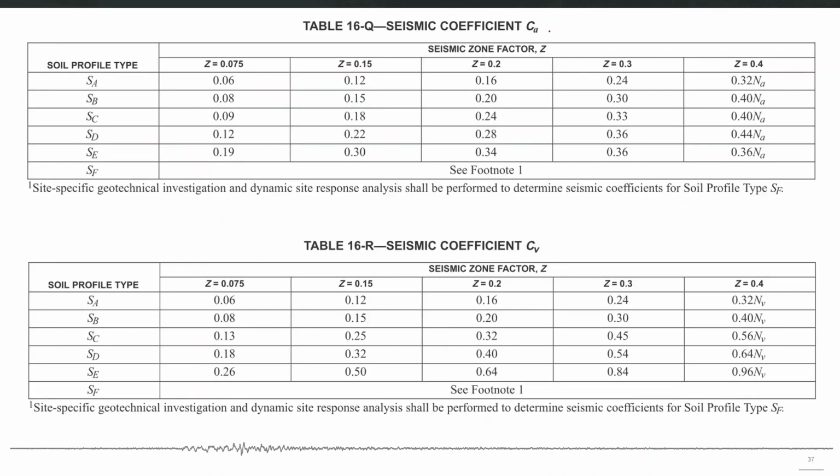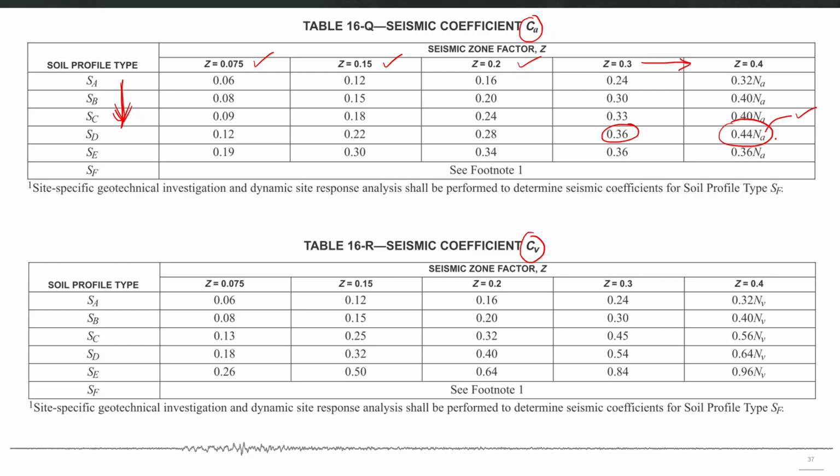So then you have two tables for seismic coefficient CA and CV, and as I have explained earlier, having the value of Z, which means the seismic zone factor, and the soil type, you can pick the value of CA and CV. You can see here that as you are going towards higher value of Z and softer soils, which means you are going down, you are having higher values of coefficients. So here you can see that the coefficient is a function of NA, which is the near source factor for acceleration.